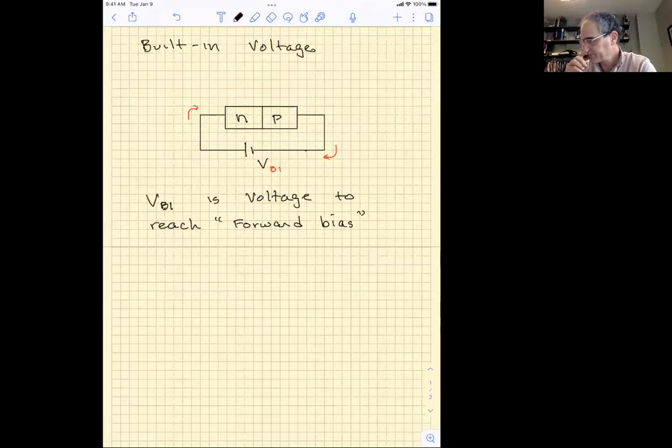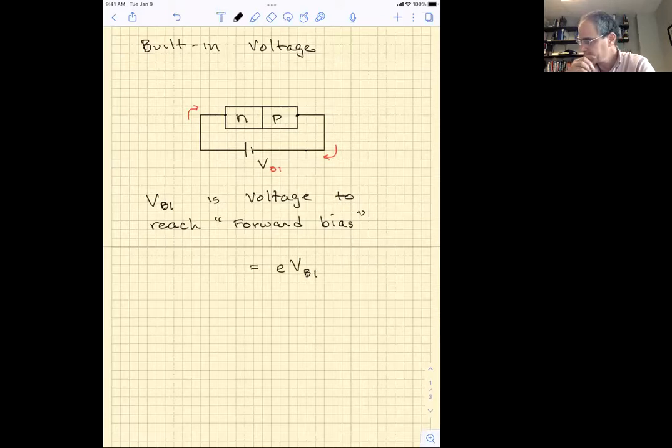Okay? At that point, the work required to take an electron around the circuit from the P side over to the N side and inject it into the semiconductor, that work is just e times V built-in.